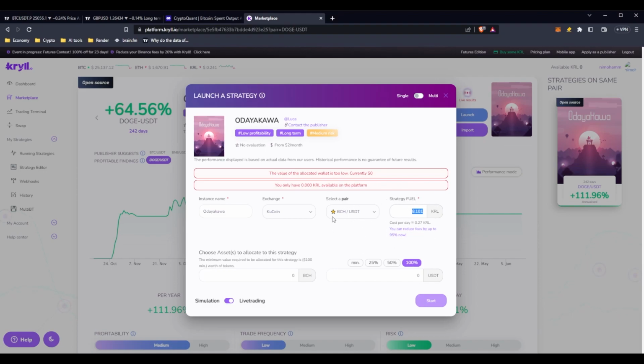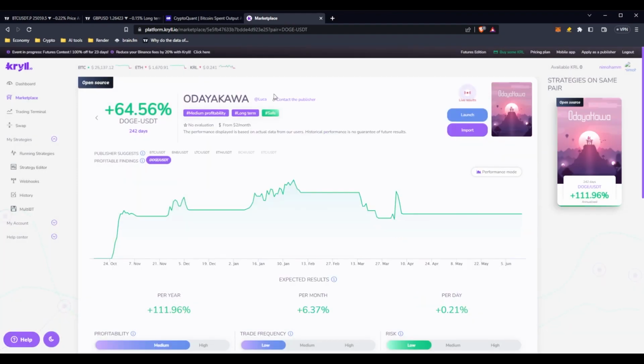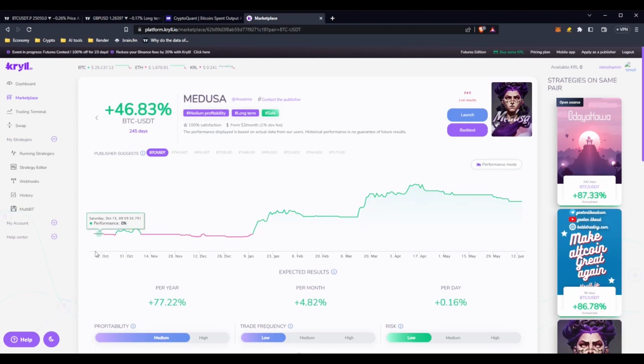This pays the person who has their strategy open for other people to borrow, and you have to buy the KRL token, which is at the moment around 24 cents.